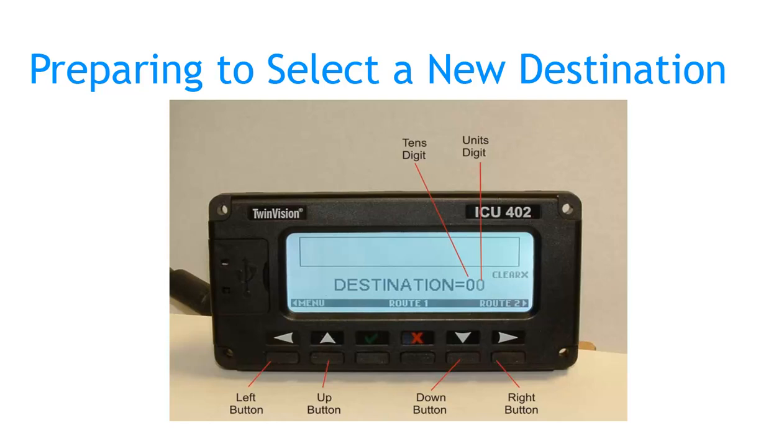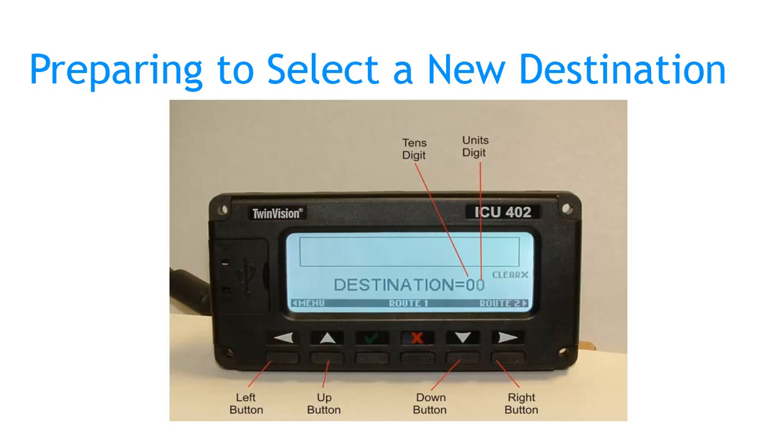Once you have removed the USB key, the ICU cycles through an initialization process. Once it has reinitialized, the unit displays destination equals 00. At this time, you're able to enter a destination location. Destinations may have 2, 3, or 4 digits, depending on the version of the .out file that has been created.